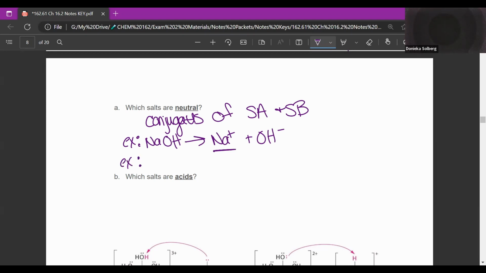Same thing with HCl. It breaks into H plus and Cl minus. Full forward arrow. Cl minus cannot go backward. Those are what they do in water. In water, I told you we have to look at the hydrolysis reactions. This completely breaks up. I put Na plus in water.